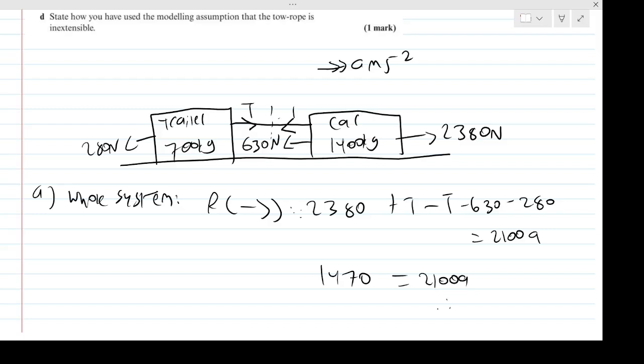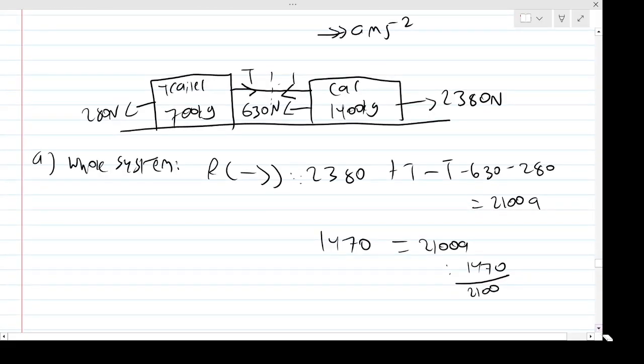So if we divide by 2100, that would get me the acceleration to be 0.7 meters per second squared. So 0.7 there. So that's my acceleration.